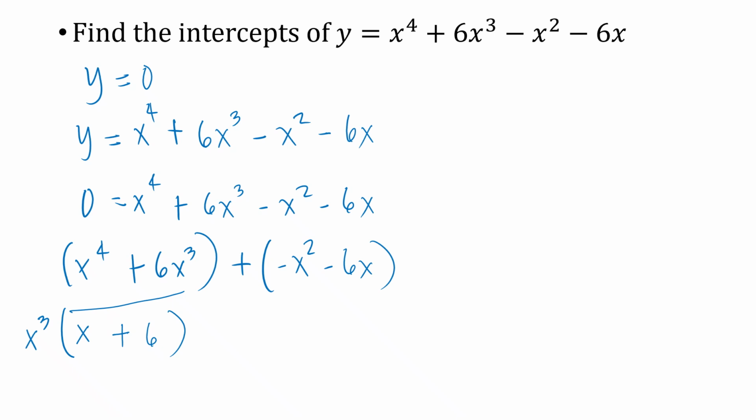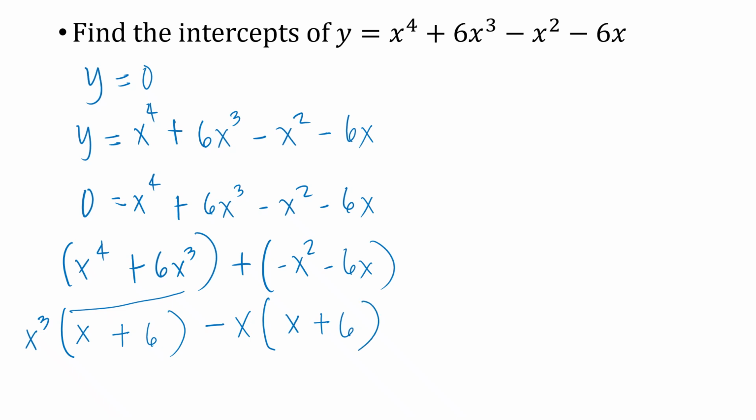Okay. Next is, what is the common factor between negative x squared minus 6x? Their common factor is negative x, correct? So negative x, then inside we have x plus 6.